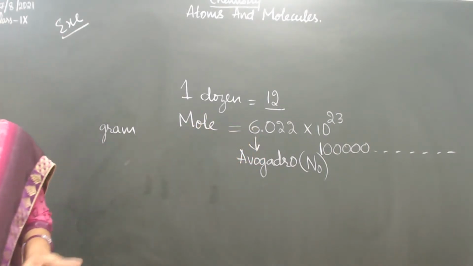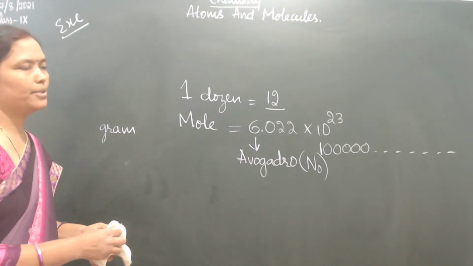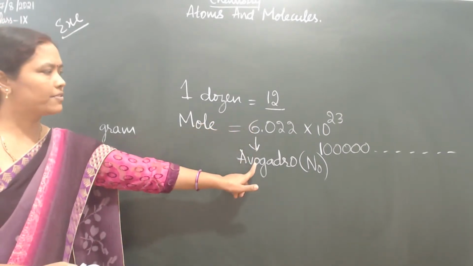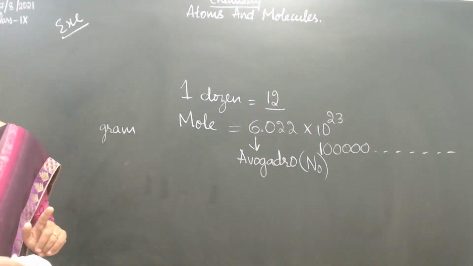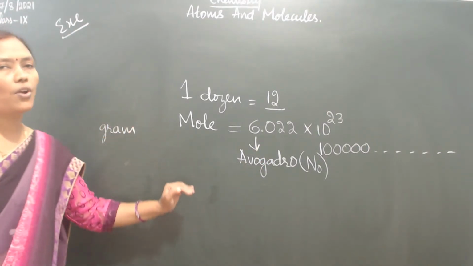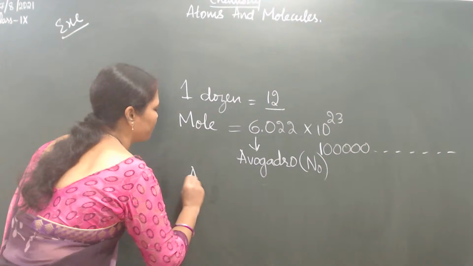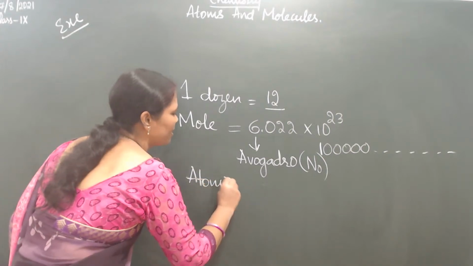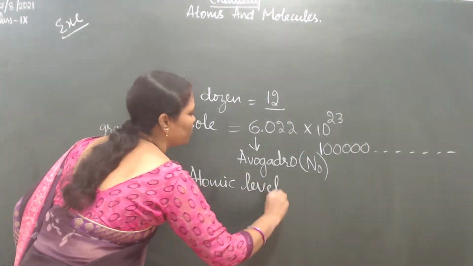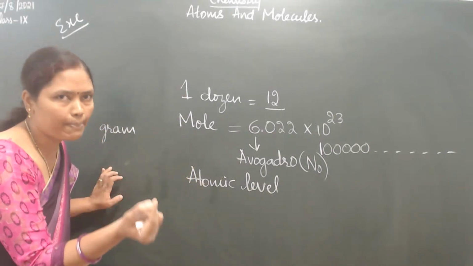What is the significance of this Avogadro number in chemistry? When we talk about the atomic level, we know that an atom is a tiny particle.